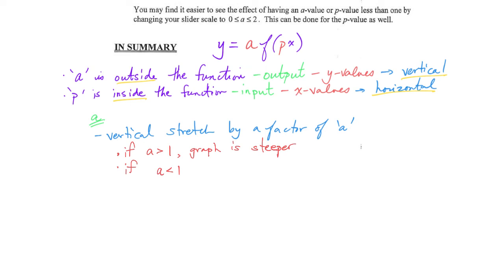So what we're going to do is put vertical lines on both sides of A. What that means is the absolute value of A. And that's kind of a formal way of saying, who cares about the sign of A? The number has to be less than 1. So if the number we put out in front, the A value, was less than 1, then we found that our graph became flatter.